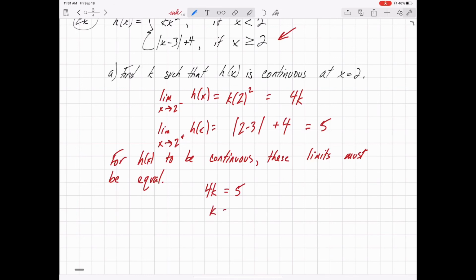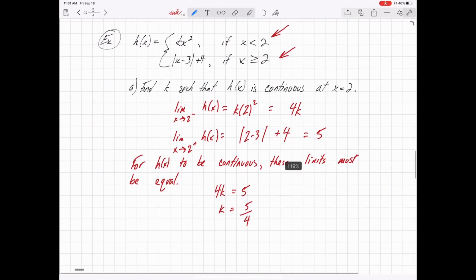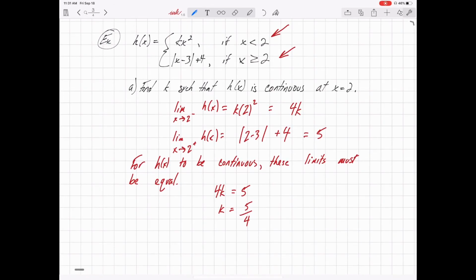So k would be 5/4. If we were to rewrite that function with k being 5/4, then the function would be continuous because the left and right hand limits are the same, so the limit exists. This function is defined at x equals 2. So that's based on those three conditions, so the function is continuous.